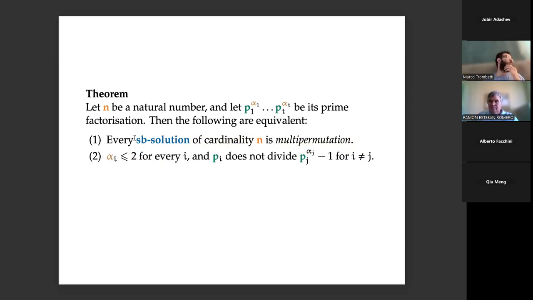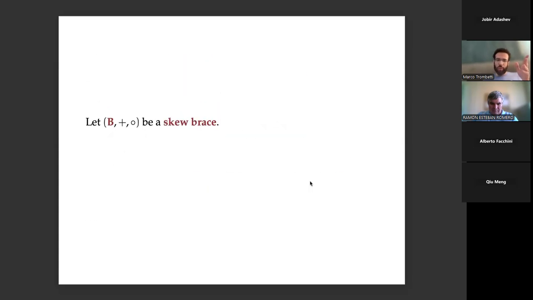As usual, you can also read it the other way. You say, okay, I have a cardinality n. What is the property of my solutions that come from the skew brace world? Well, it turns out that if your solution satisfies this thing here, for example, it is, I think I told you it was not 15, but I don't remember, 45, something like this. I can check. Let me check.